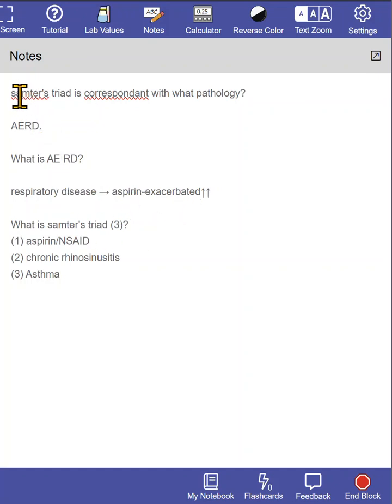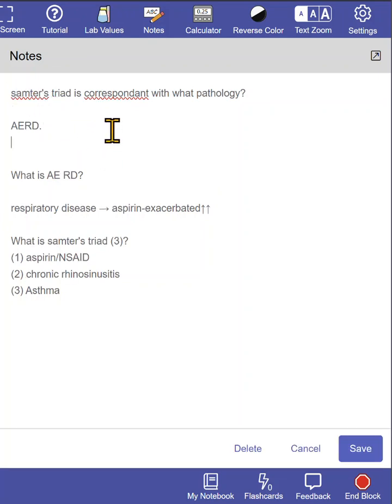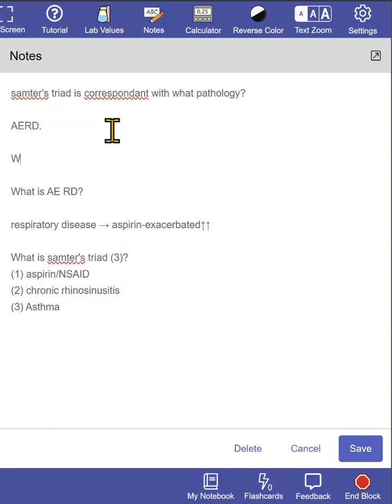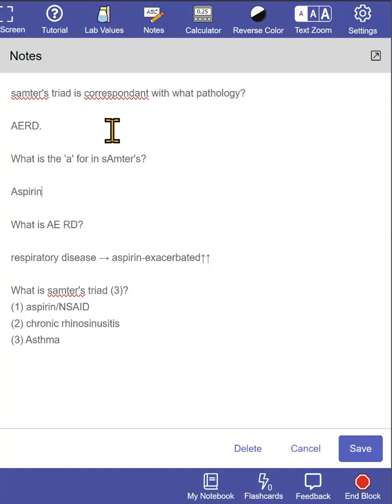In Samter's triad, the A is for aspirin. What is the A for in Samter's? Aspirin. What is AERD? It's aspirin-induced respiratory distress. It's really the best way to think about it.